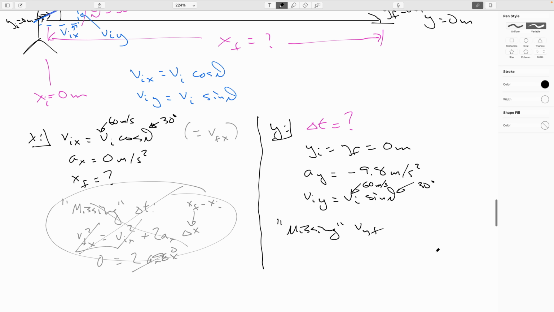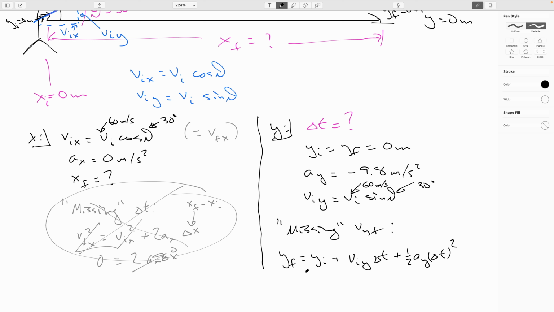You could reason through that by the symmetry of the situation that v y final is minus v y initial, and you won't get any divide by zeros this time, so that is an alternate route to solving it, but let's just go with missing v y final here. So the missing v y final says y final equals y initial plus v initial y delta t plus 1/2 a sub y delta t squared.